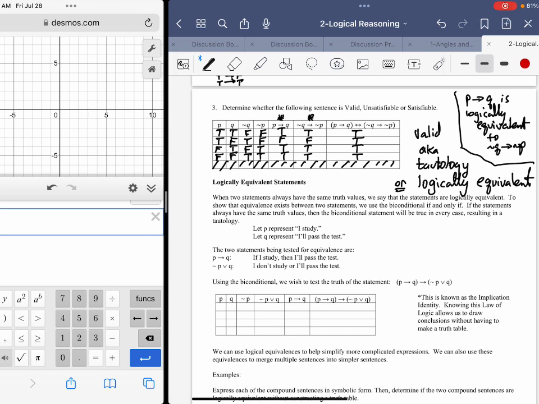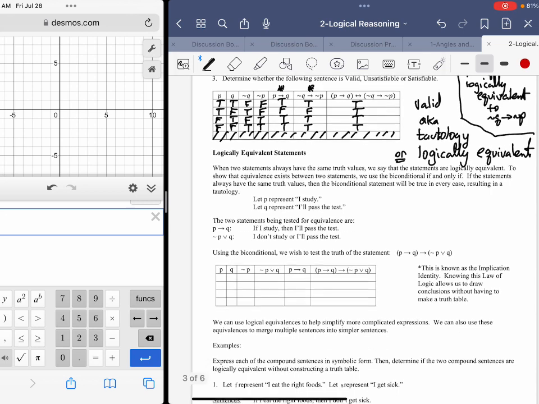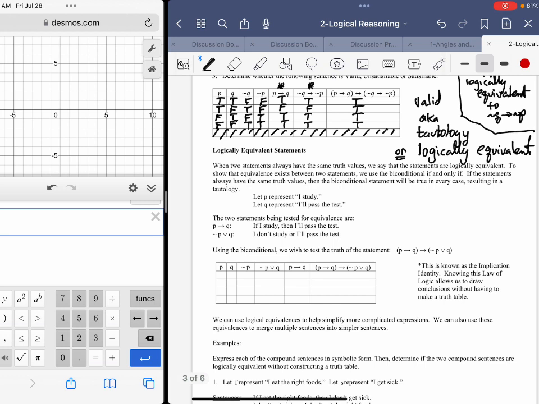Right, there's other types of logically equivalent statements, and so we'll explore another one, and then I'll show you a whole list of them. All right, so in the next one, it's the same ingredients: true, true, false, false, true, false, true, false.